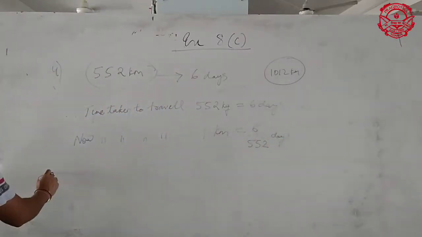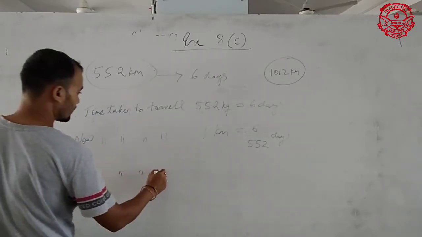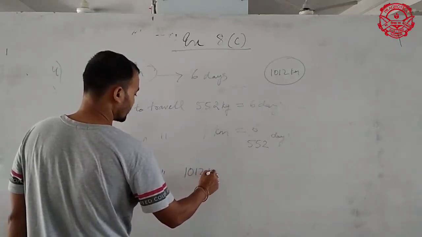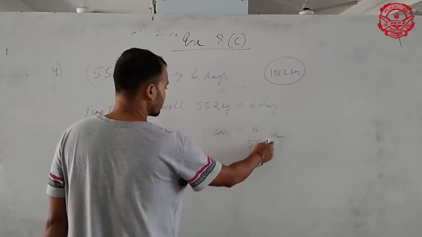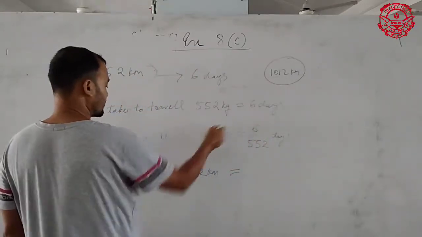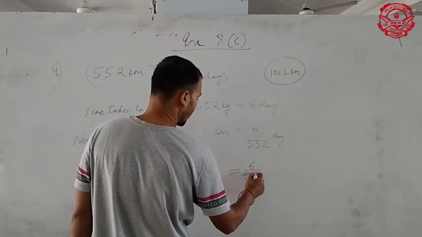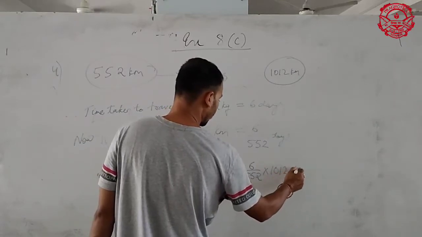Similarly, therefore, time taken to travel 1012 kilometers will be the product of this and 1012, is 6 by 552 into 1012.